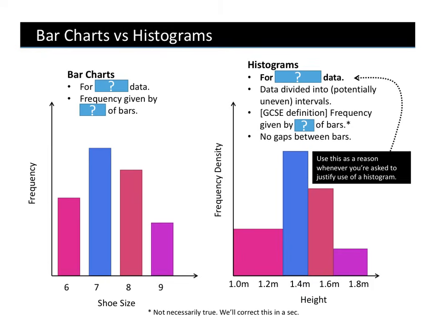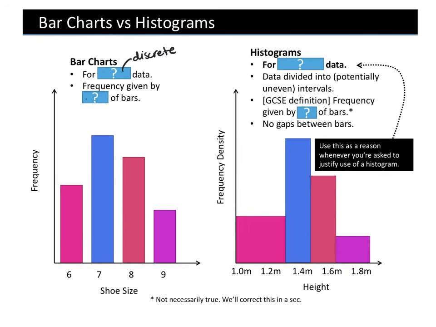So, bar charts versus histograms. First of all, bar charts are for discrete data. Okay, it's really important that you know these definitions. This is for discrete data, and the frequency is given by the height of the bars. Histograms are for continuous data, and our frequency is given by the area of the bars, okay?